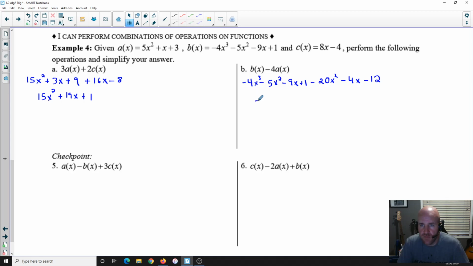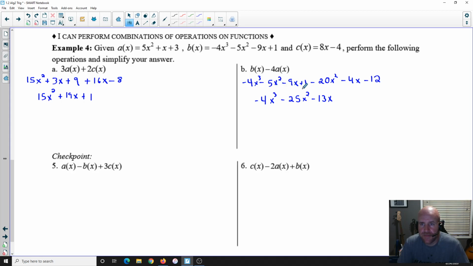So there's only one cubed term, so that just drops down. And now I have a negative 5x squared and a negative 20x squared. So put those together. That gives us a negative 25x squared. Looking for x's, so I have negative 9x and negative 4x. Put those together and we get negative 13x.